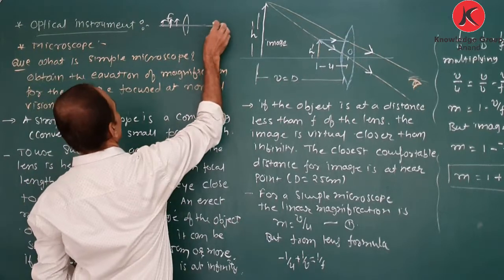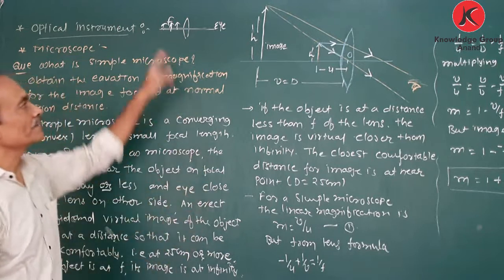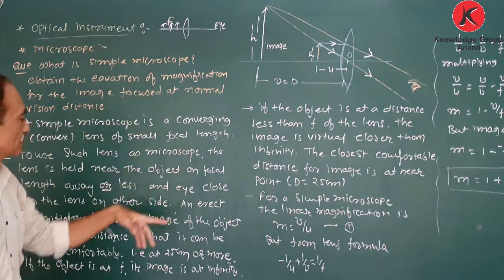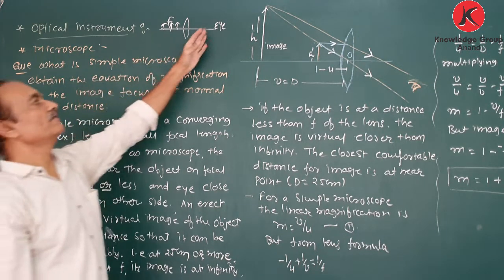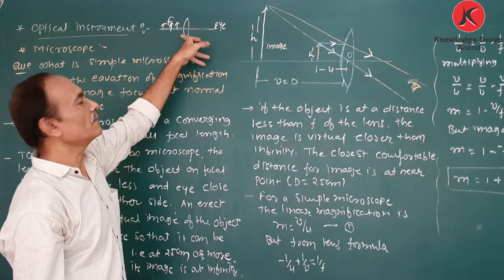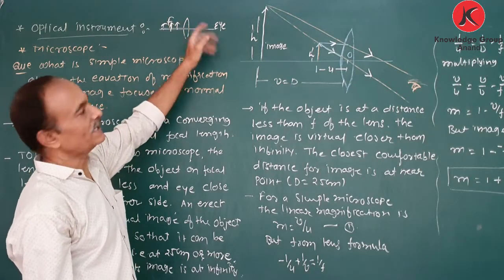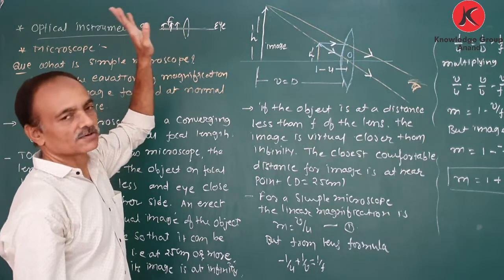We keep the eye on the other side of the lens to observe the image. Therefore, a magnified and virtual image of the object is obtained.